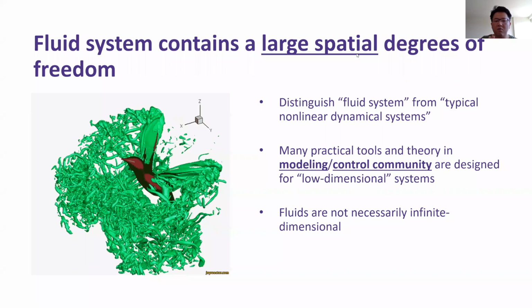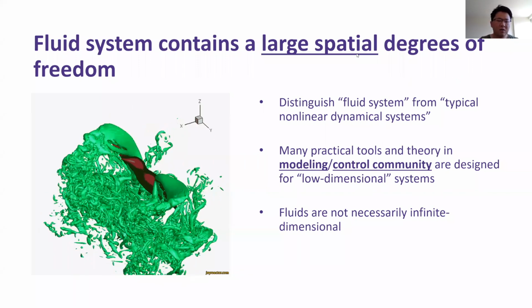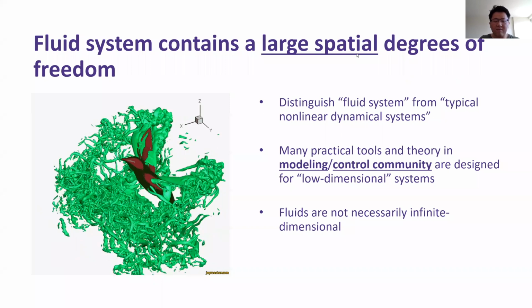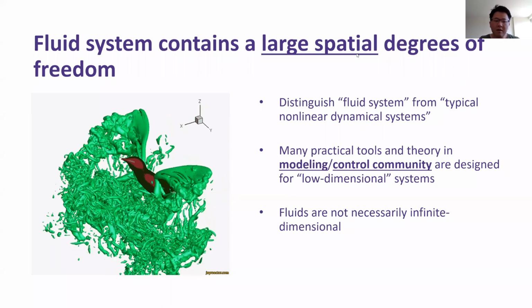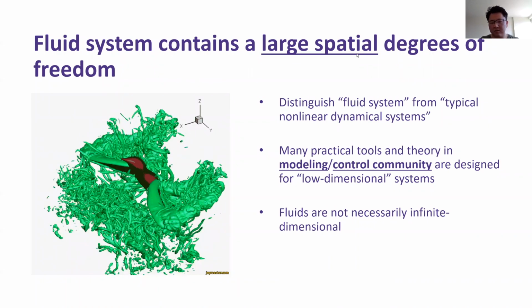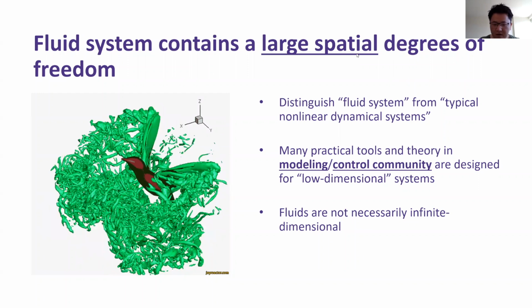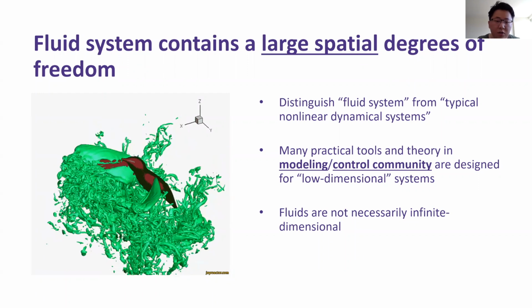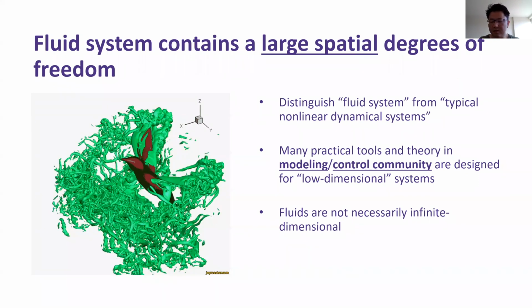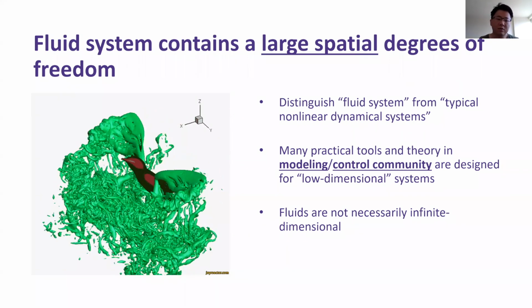And this pattern happens over and over again, whether it's a bird, a cat, or whatever object moving in the air, with similar patterns. So fluids are not necessarily infinite dimensional. However, the nominal dimension can be really high based on the mesh size, based on how you discretize the system.